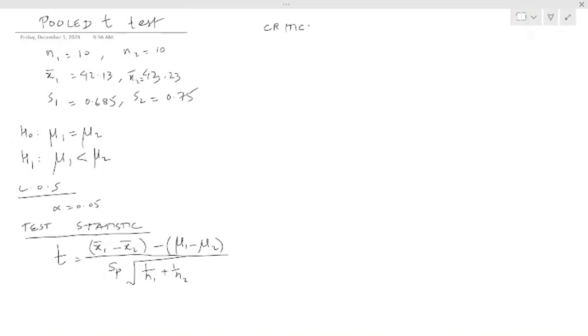Now we define the critical region. And for the critical region, we need to refer to the t-table, as it is the case of a left tail test and 0.05 significance.